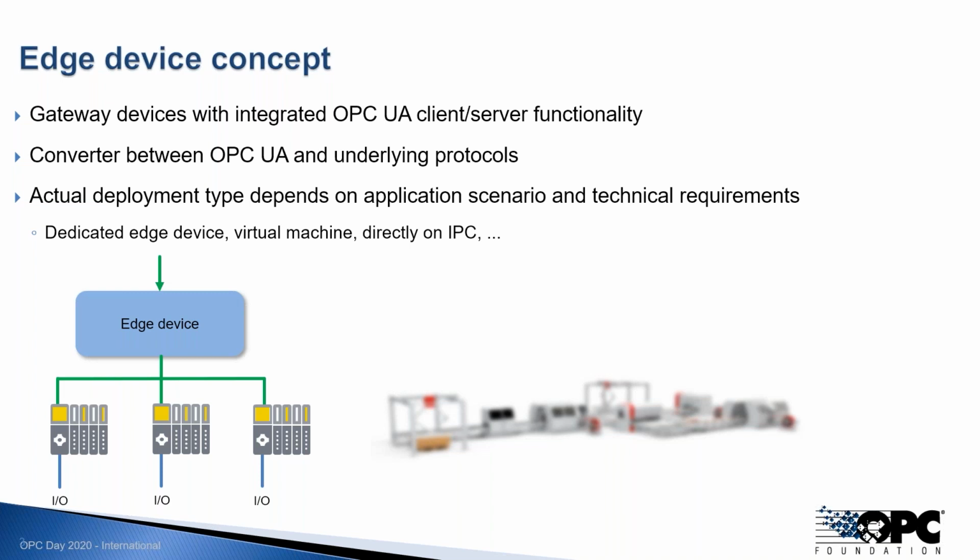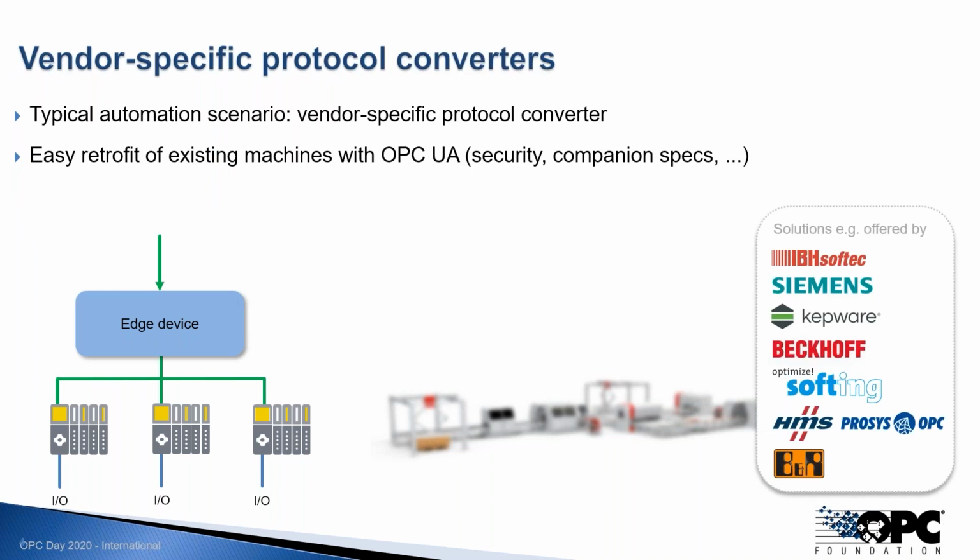There are different possibilities, but from the architecture point of view, we always have one edge device for a machine. This one edge device is then capable of communicating to the machine on the one hand, so on the lower end. There are quite sometimes different vendors, either the vendors of the controllers or the PLC itself providing some retrofit scenario, or there are other companies jumping in, providing such converter components.